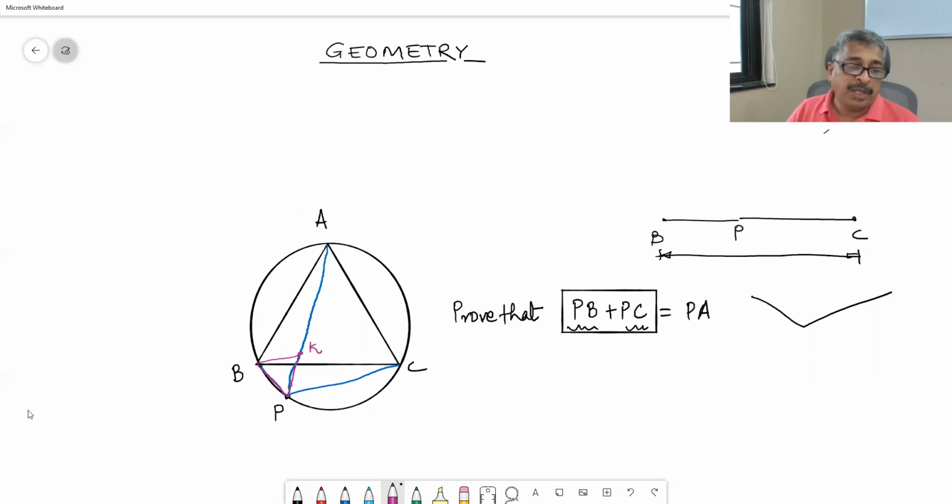So if PB is equal to PK, then I can say PC is equal to PA minus PB, which is equal to PA minus PK, which is equal to AK. So it is enough to prove that PC is equal to AK. We want to show PC equals AK.